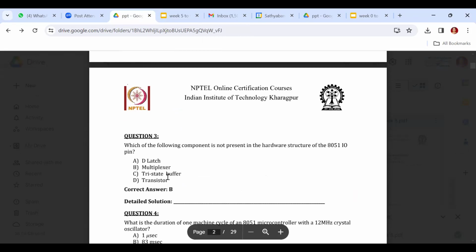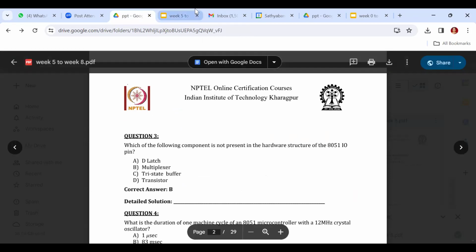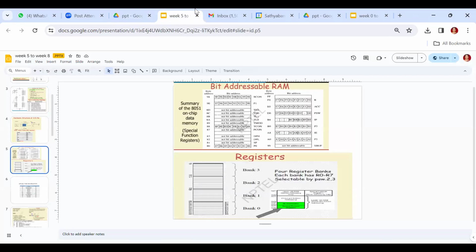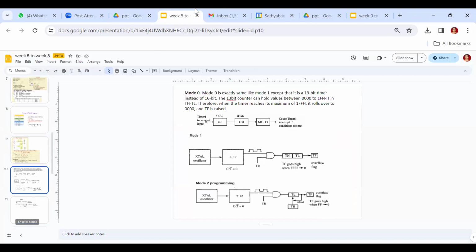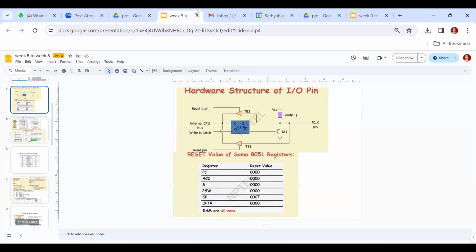Question 3. Which of the following components is not present in the hardware structure of 8051? I'm moving on to the hardware structure of 8051. This particular picture is the hardware structure.